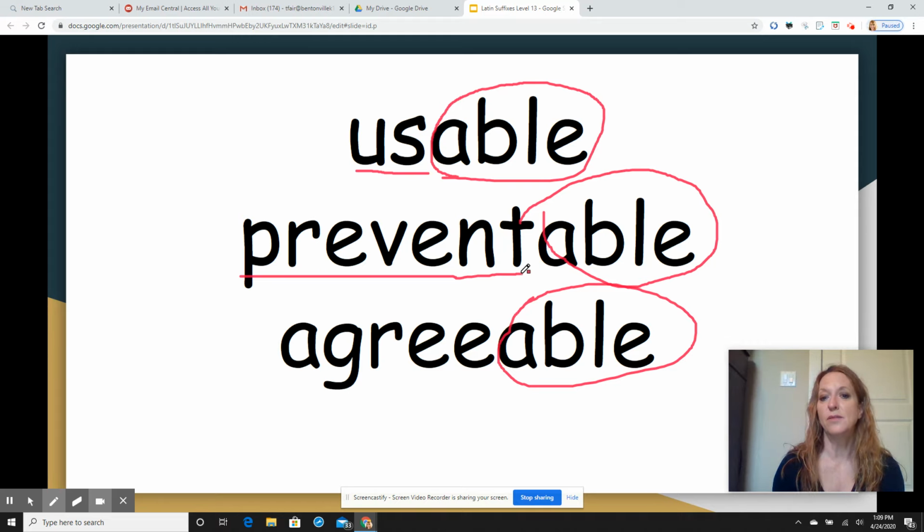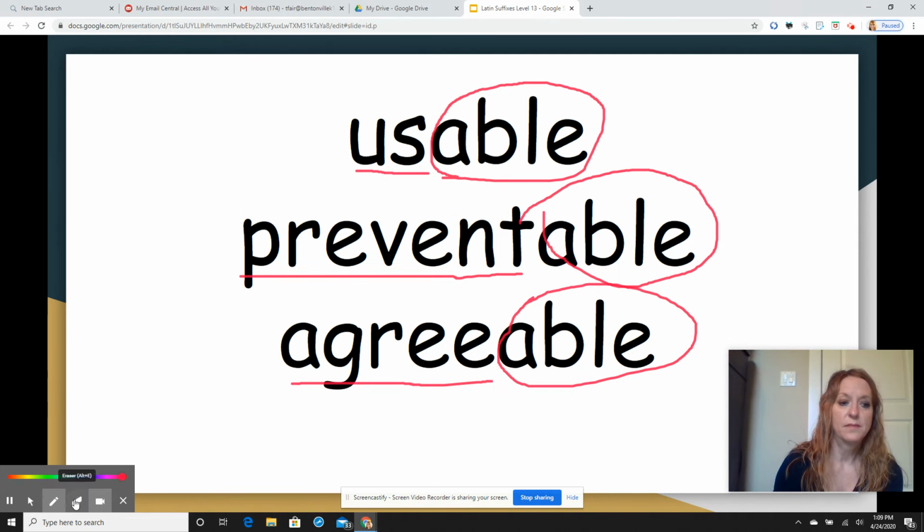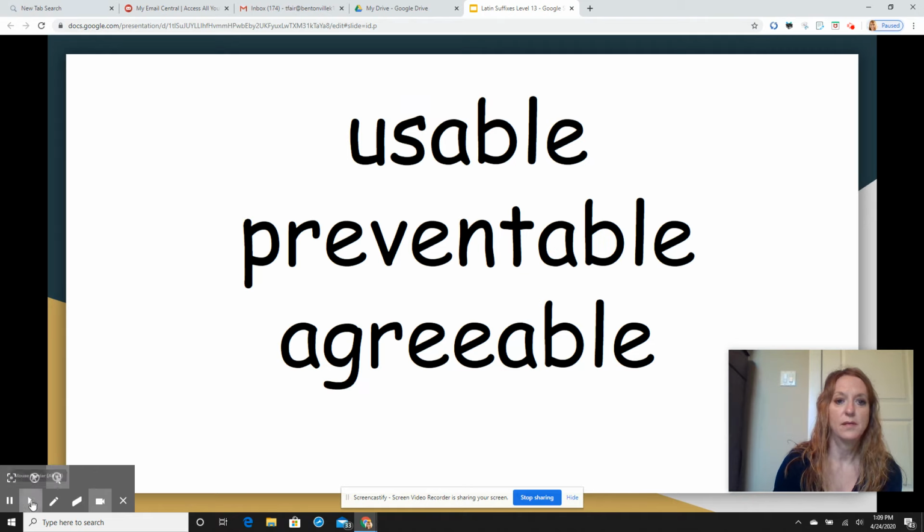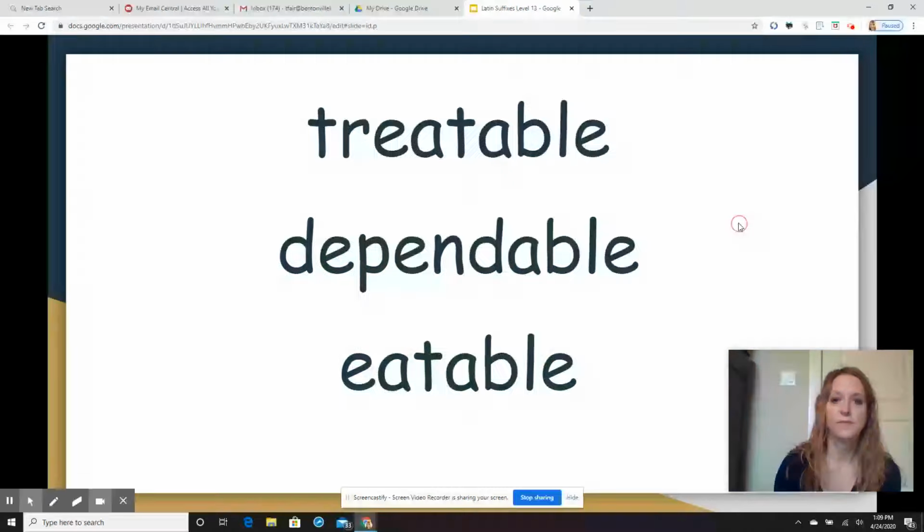And when we put it together, it says preventable. It means you're able to prevent it. Agreeable. Agree is the base word for agreeable. Okay, let's look at the next page.